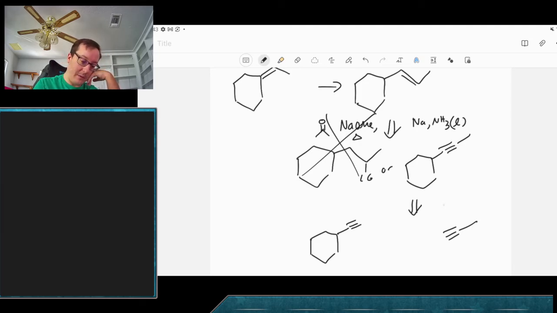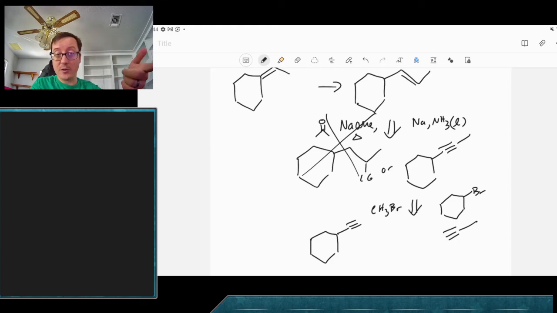In either case, this would be the combination of things that would get us to where we need to go. So we're either adding our acetylide to an alkyl halide, right? That's what we're doing. We have two sets that would get this to work.